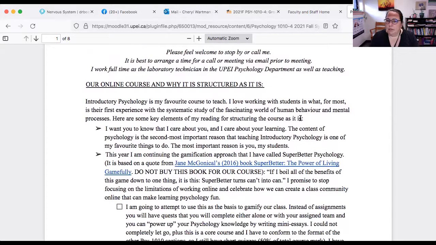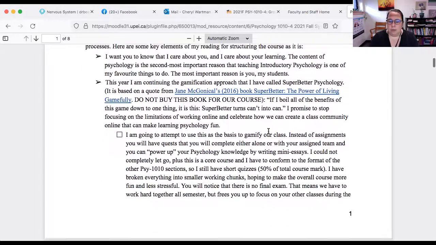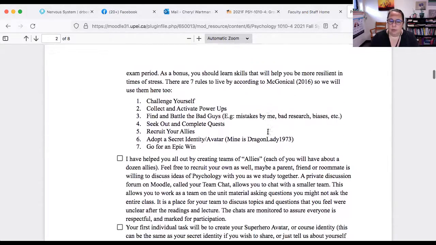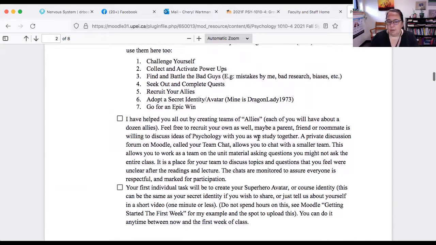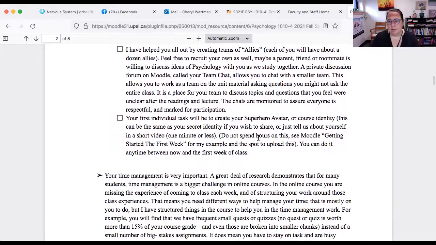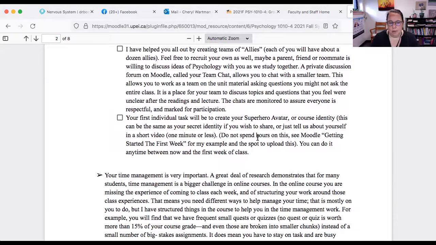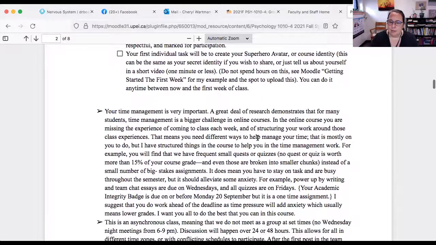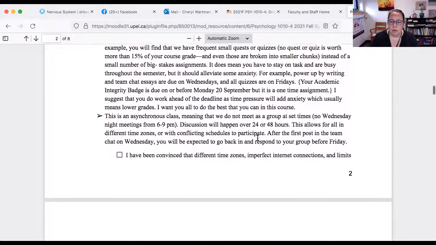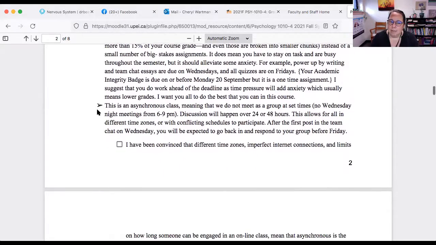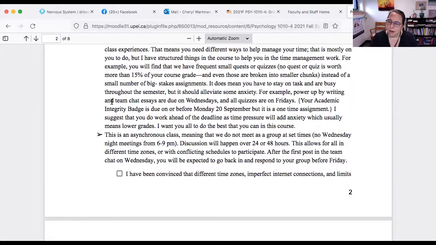What I'm really trying to do is make this a fun course. So you can read through the things. I've tried to gamify the course and created power-ups and individual quests and team quests. But time management is key for this course. So what I mean by time management is that you have to keep up weekly with the course.